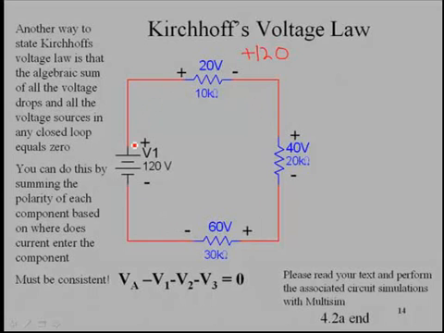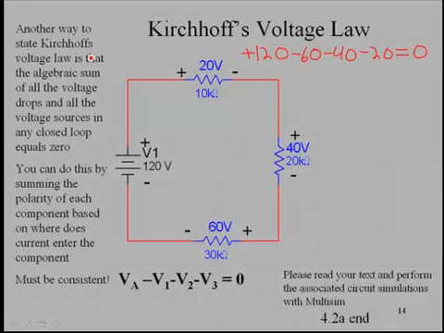So we start out here with a positive, and then we're entering this component, and we have a minus sign. So we go minus 60, and we continue around minus 40, continue around, and minus 20. Now if we sum these values, the sum is going to be 0. And that's what we were alluding to in the previous slide, that the sum of all the voltages around a circle are going to equal 0. And that is another way of stating Kirchhoff's law.